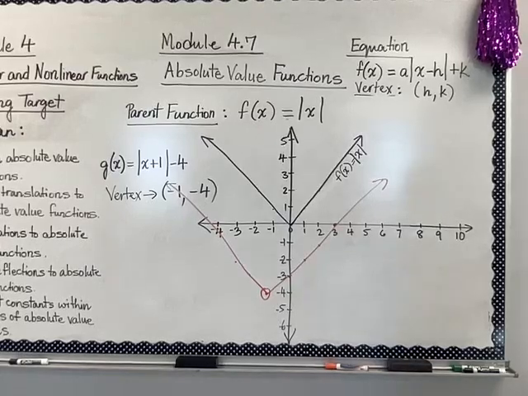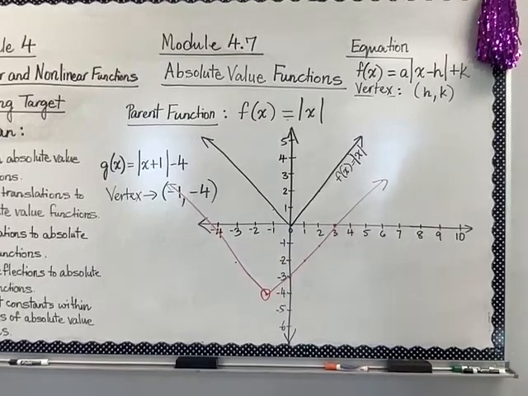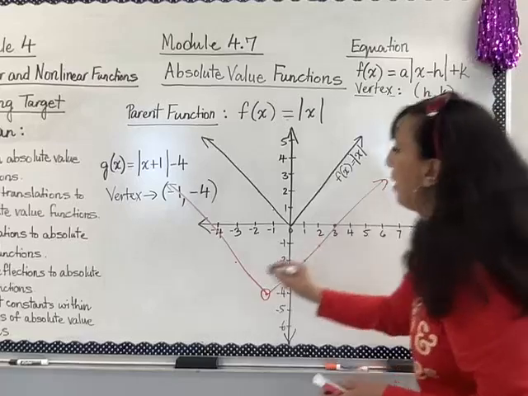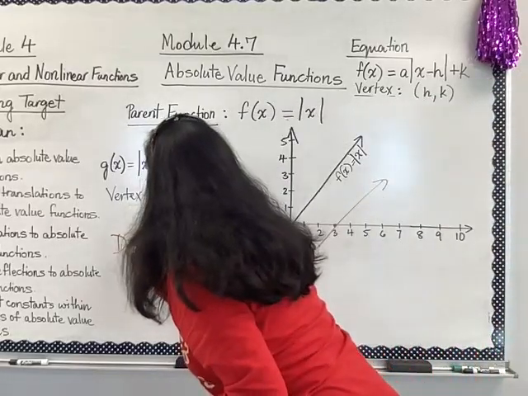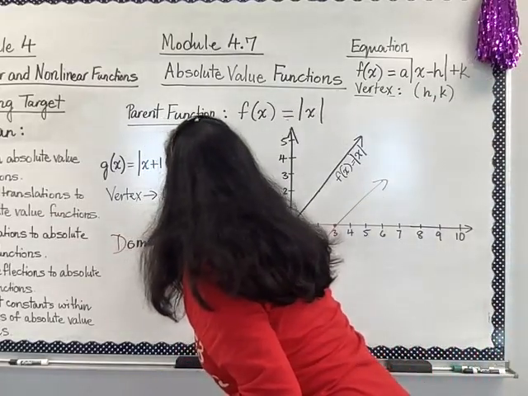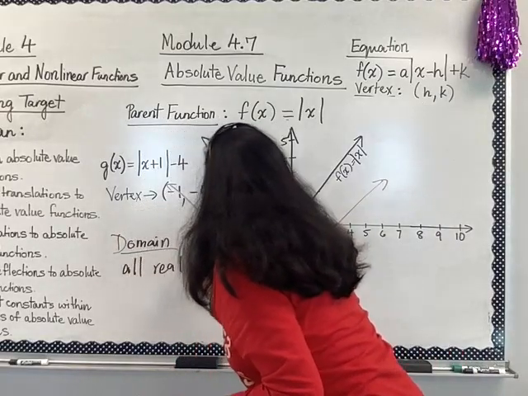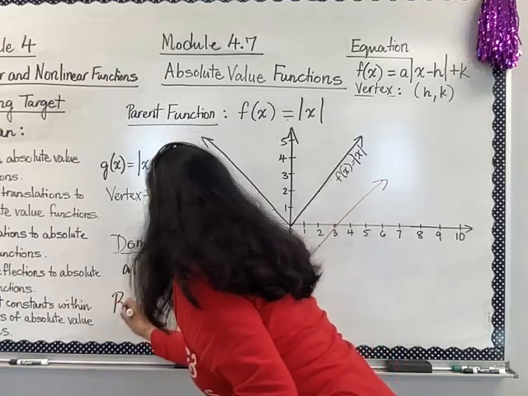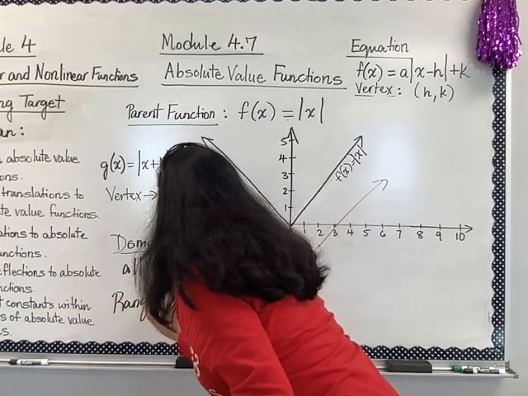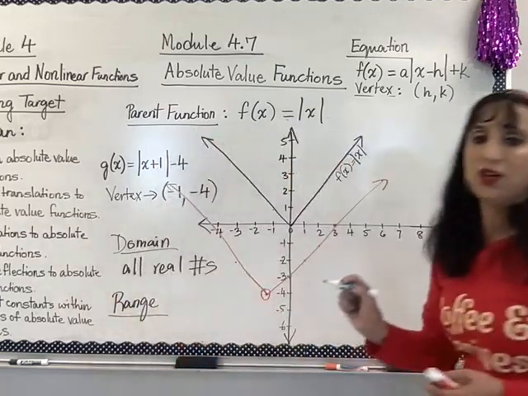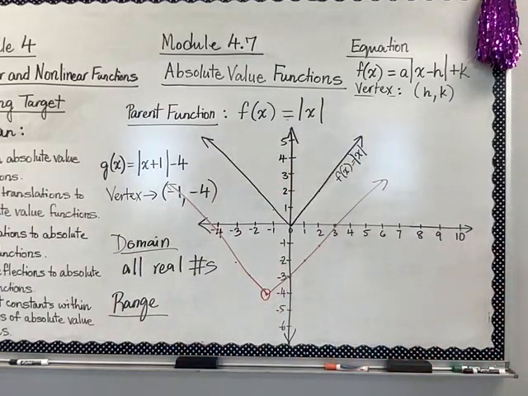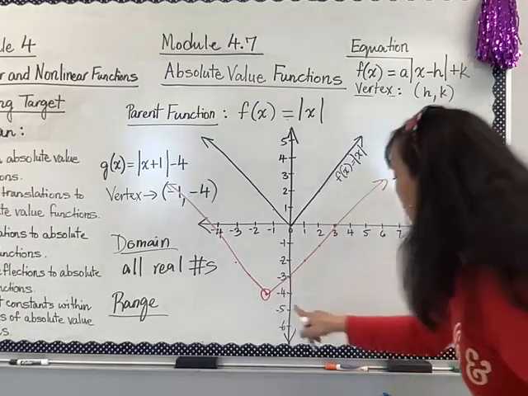Okay, and so if you see, the domain is all real numbers. And my range, for range you look at the lowest point. And what is my lowest point in the vertex?